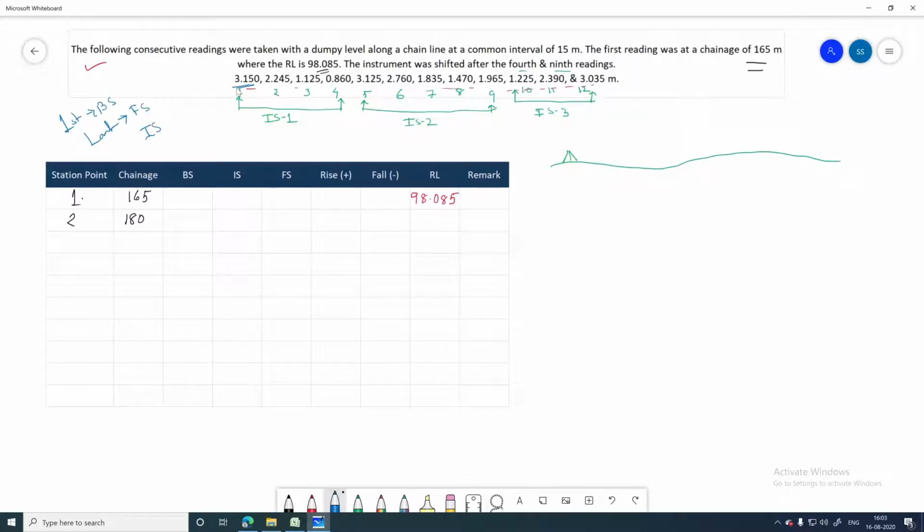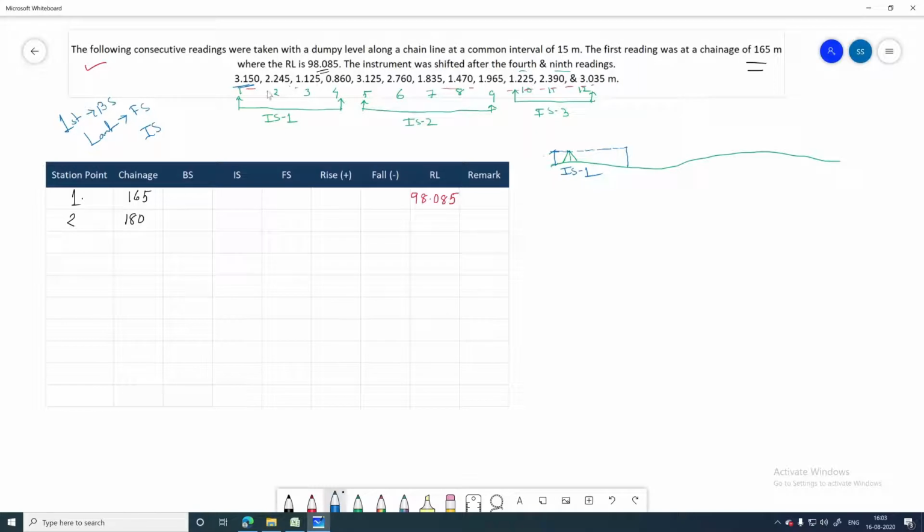So the first reading here is 3.150 and it is always taken near to the instrument station. Now we have the last reading value 0.860, so consider this is the last reading from instrument station 1.